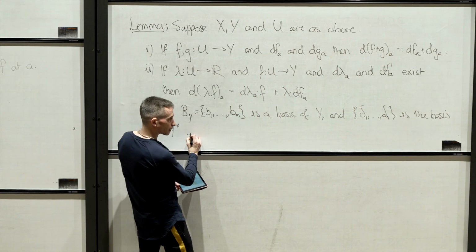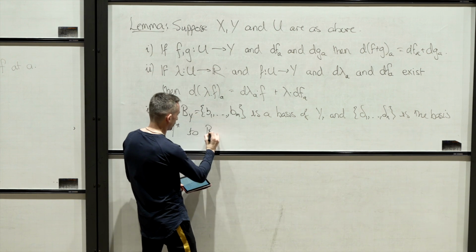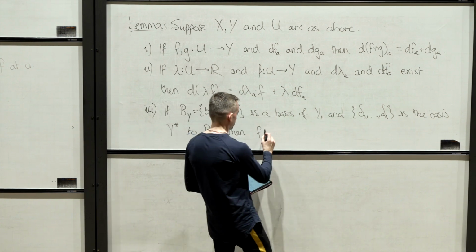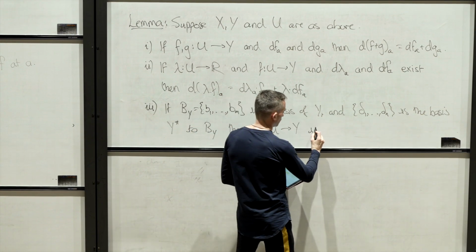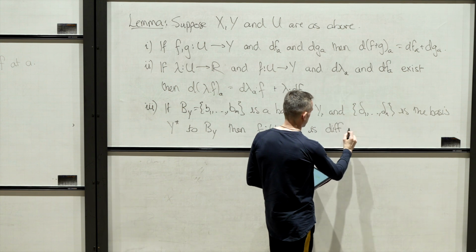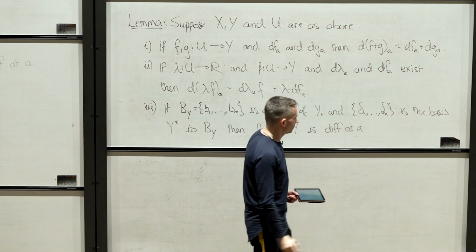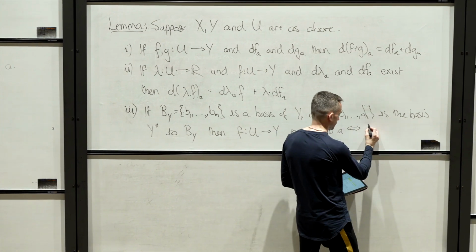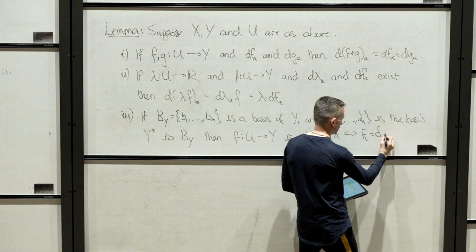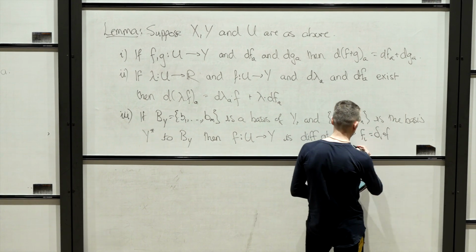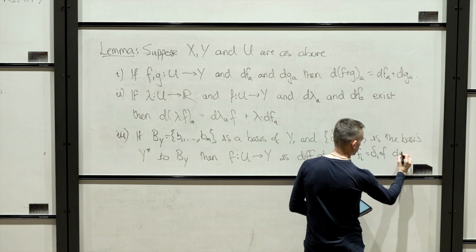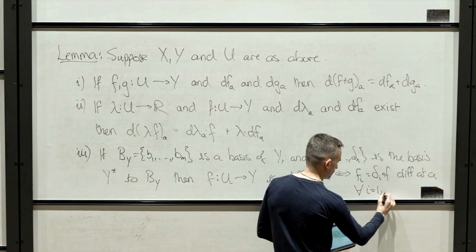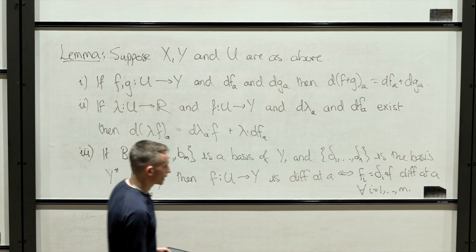If the basis is dual to b_i, then f is differentiable at A if and only if all of its coordinate functions are differentiable at A, and that's for all i equals 1 to m.